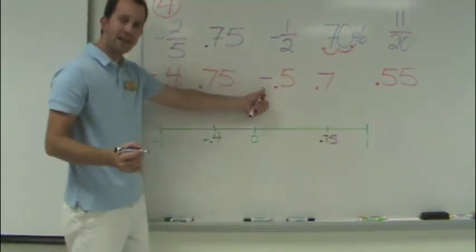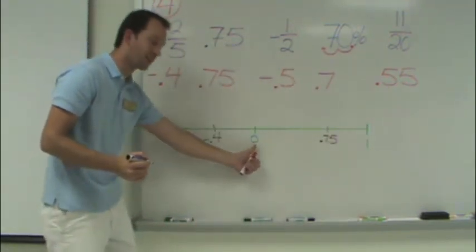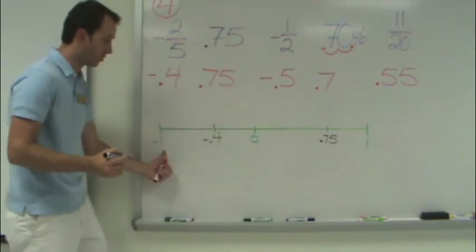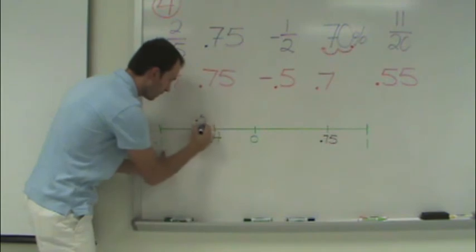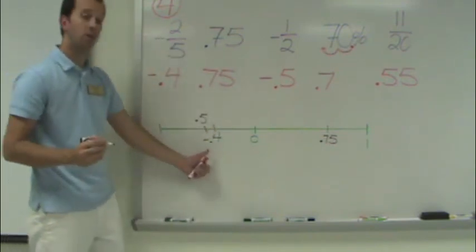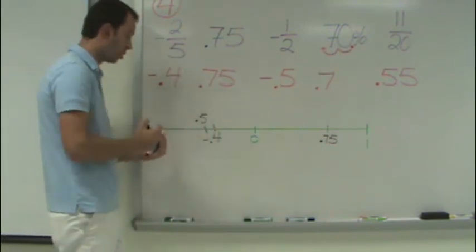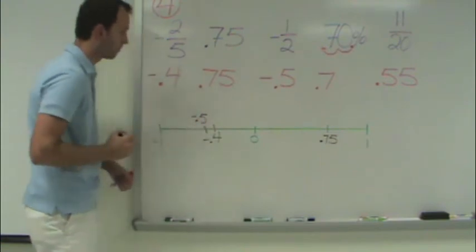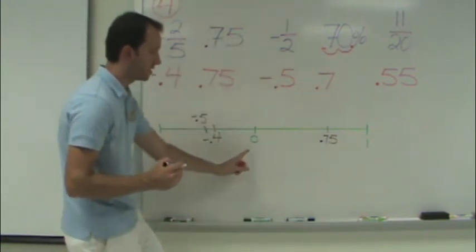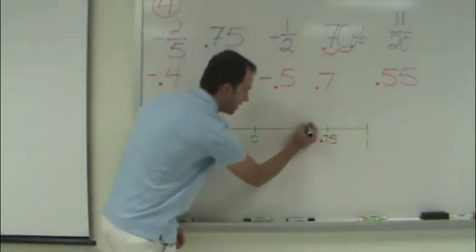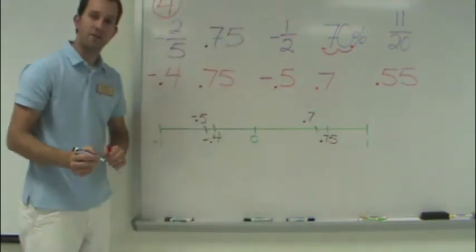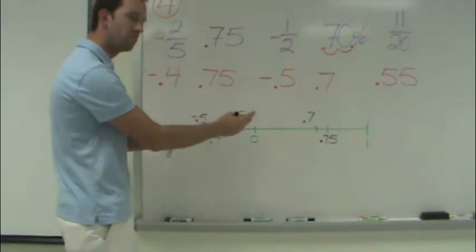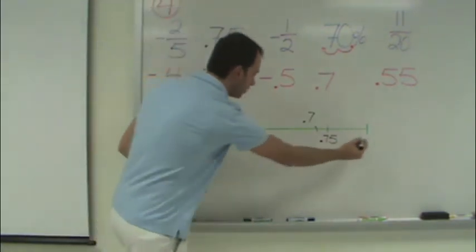After that, we have negative 0.5, which is exactly halfway between 0 and negative 1, a little bit further to the left, a little bit smaller than negative 0.4. 0.7 is a little bit smaller than 0.75. And 0.55 will be our last one, very close to the middle between 1 and 0.